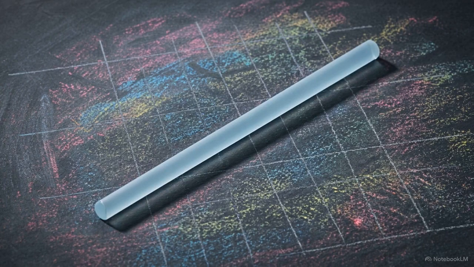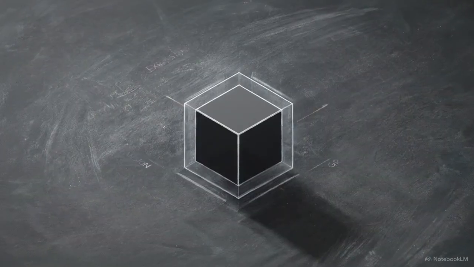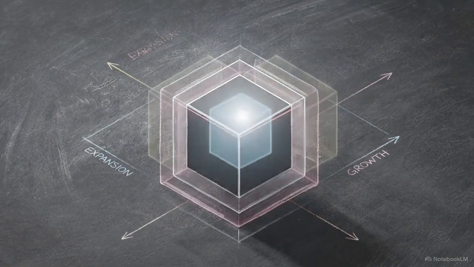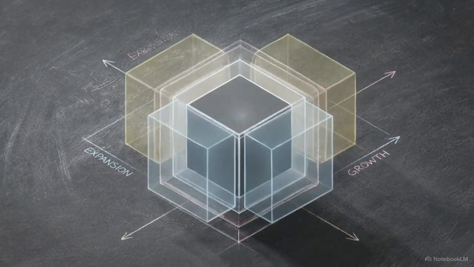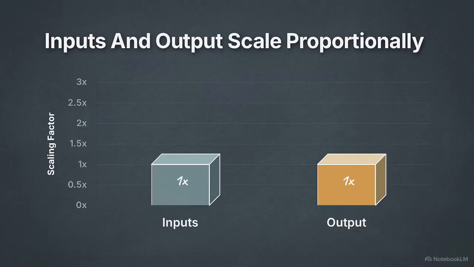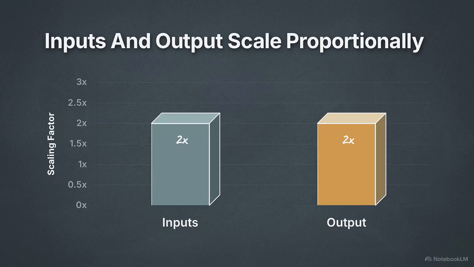This brings us to the paradox of scale. To test the model's stability, we examine returns to scale. This measures how output responds when every input is scaled up simultaneously. Under constant returns to scale, doubling all inputs yields exactly double the output.